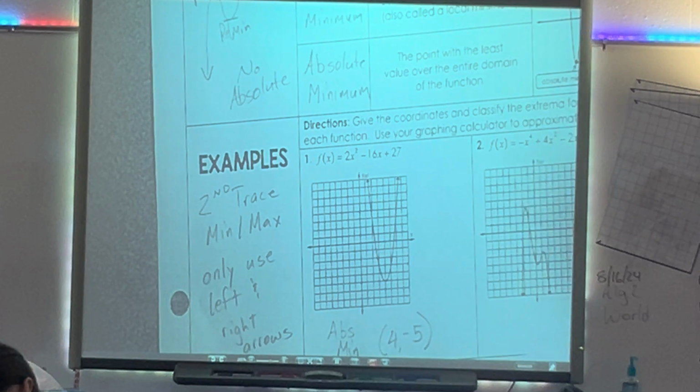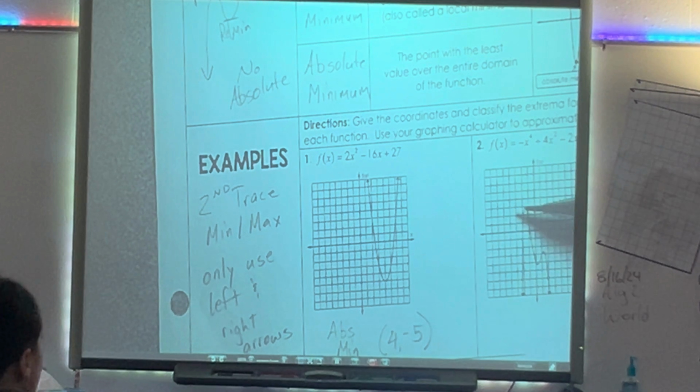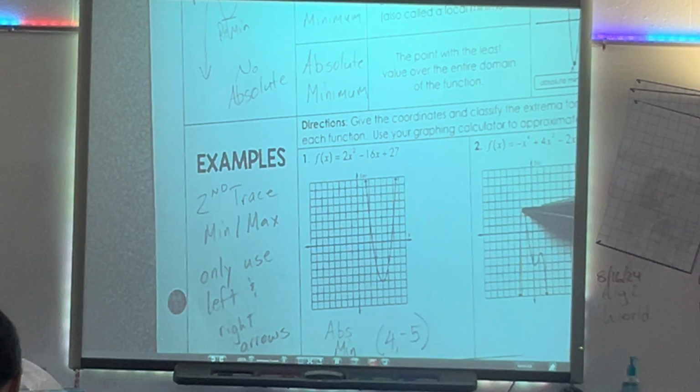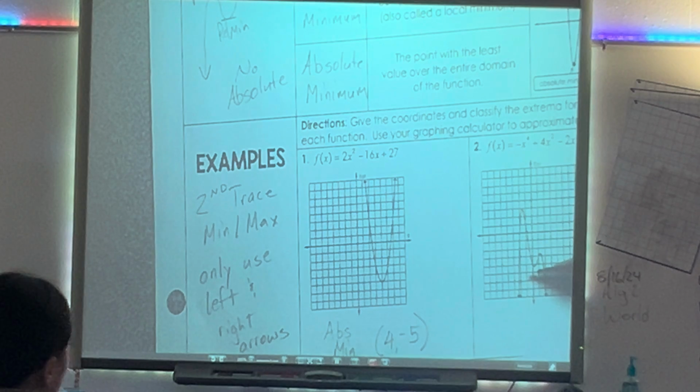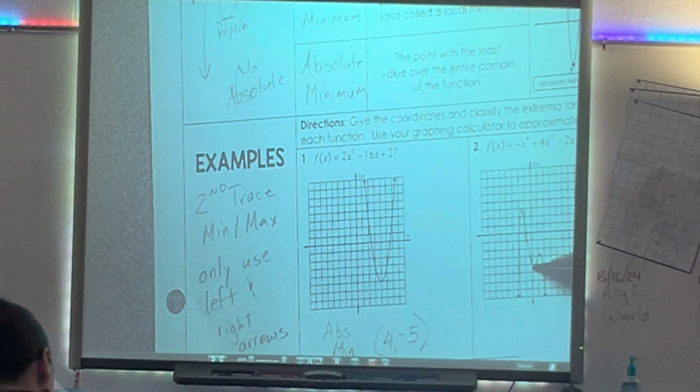So if y'all put this in your calculator, we'll do them from left to right. It's the easiest way to do it. Lily, can you get this absolute maximum right up here? And then Catherine, can you get this relative minimum right here?